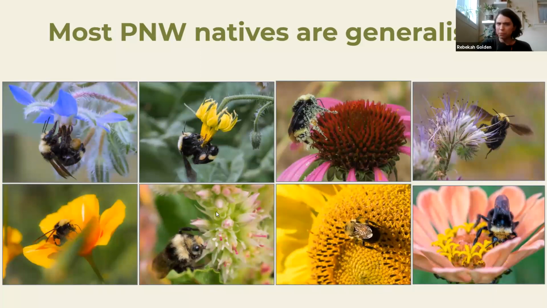Something to keep in mind for certain species that are active for very long periods of the year is to provide a variety of plants that bloom at different stages of the year so that they're covered for the entirety of their active season. While there are some species that will specialize on particular groups of plants, we'll get into that a little bit more later, but really the most important thing is to provide a huge variety of plants that bloom at many different stages of the year.